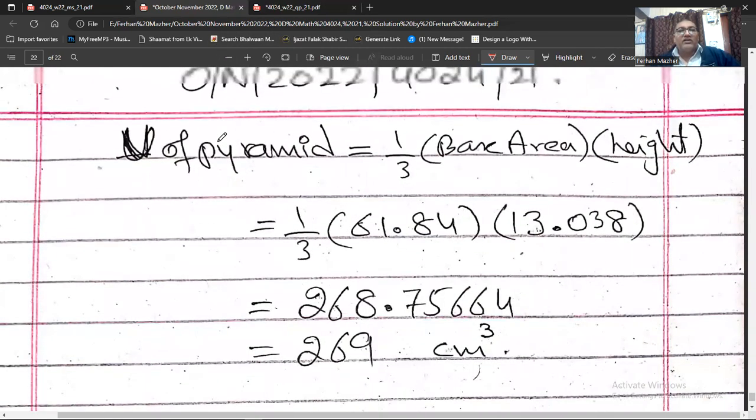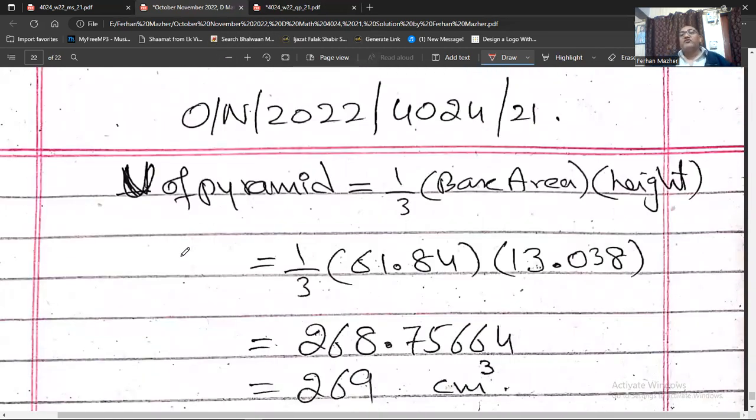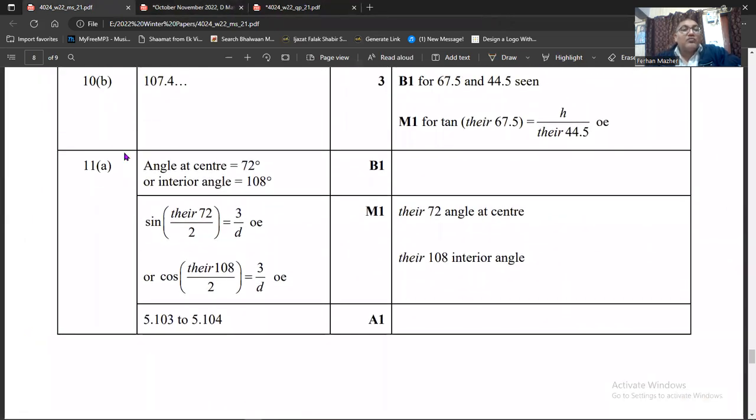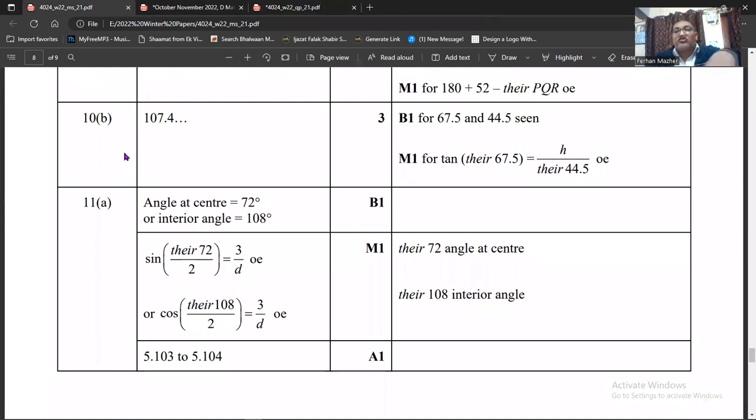The volume of the pyramid will be equal to 1/3 into 61.84 multiply 13.038, and that will be 268.7566, which is approximately 269 centimeter cube. 269 centimeter cube, and this is the solution of question number 11.